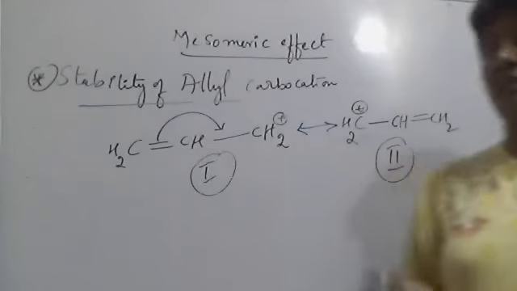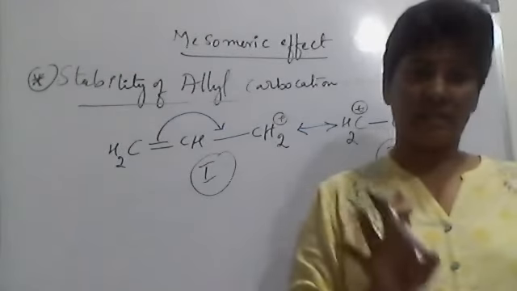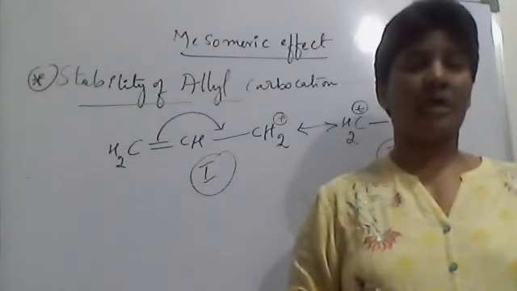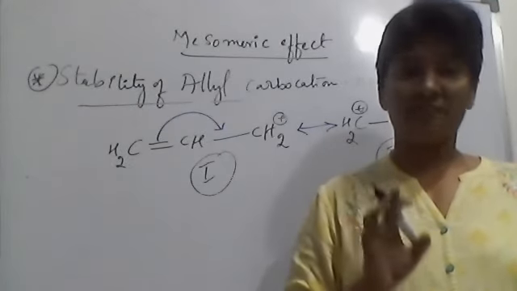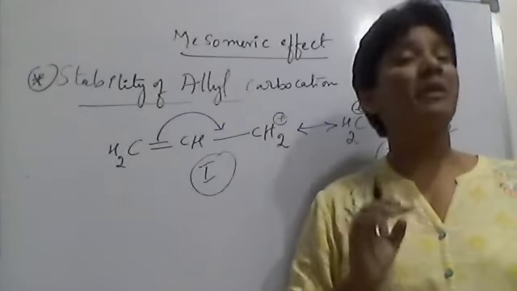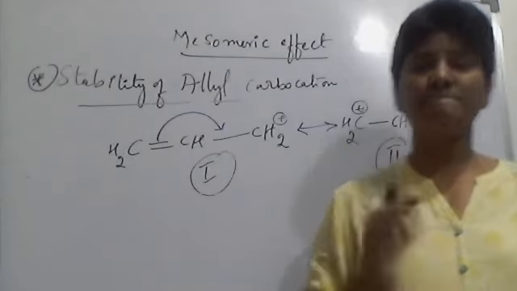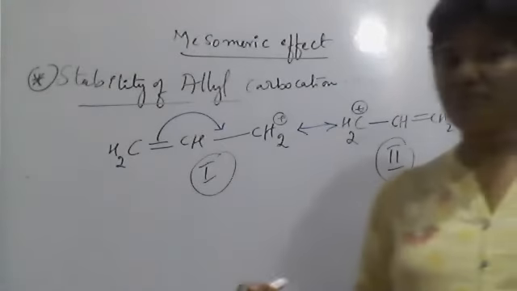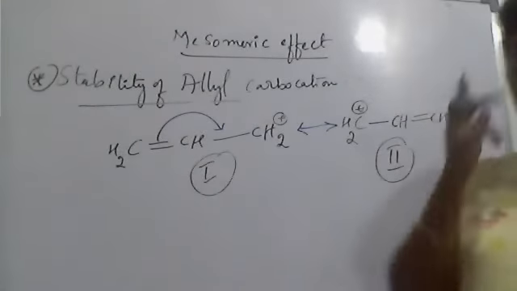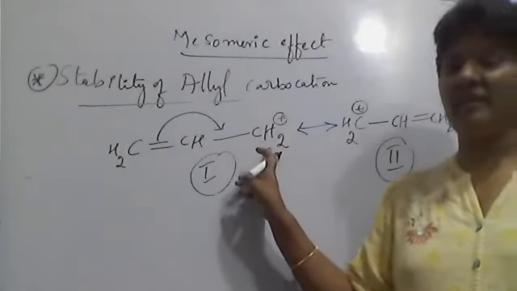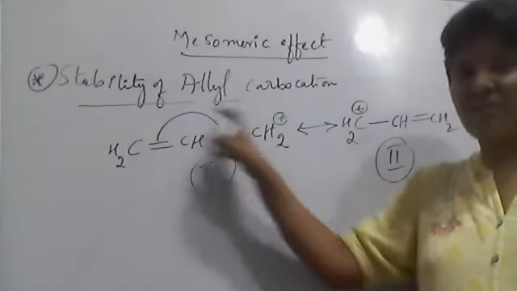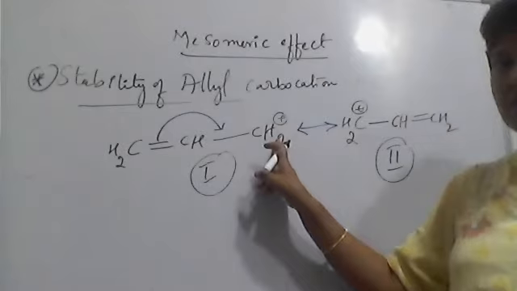And see here, there are three types of allyl carbocations, like alkyl carbocations. We have three types of allyl carbocations, three types of benzyl carbocations. Obviously, what is happening here? Towards this positive end, the electrons are transferring, meaning electrons are added to this positive charge.